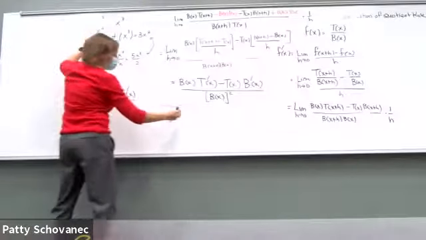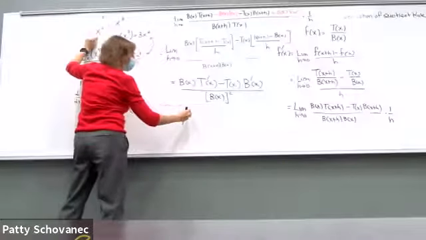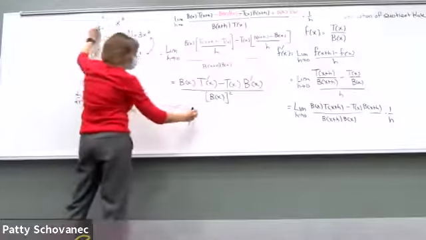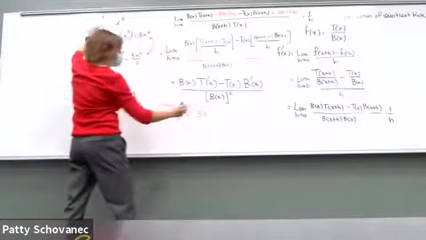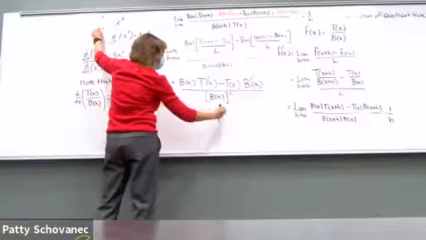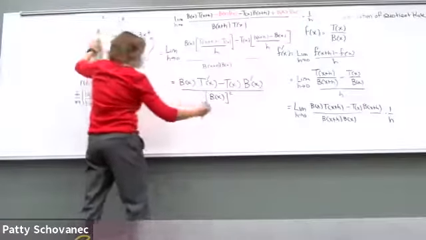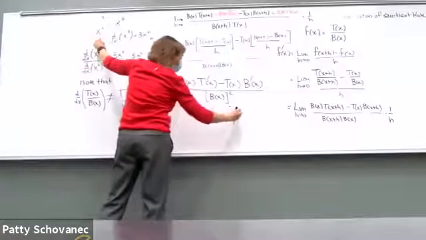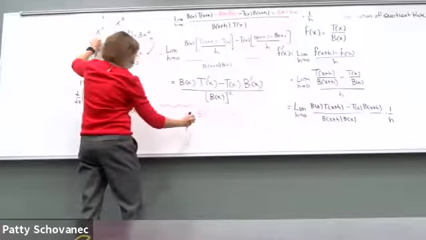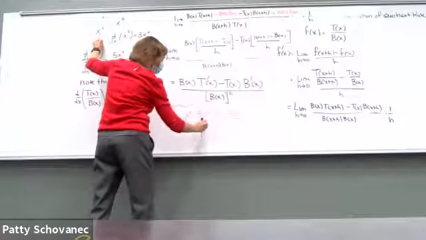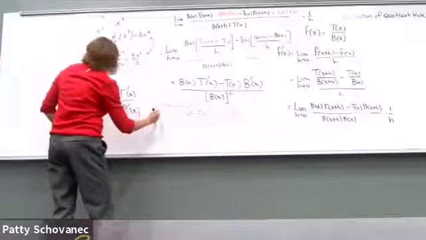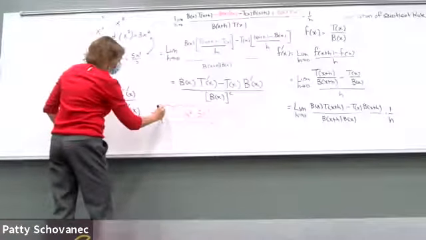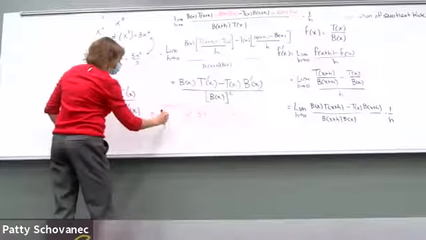So it says copy down the bottom, take the derivative of the top, so that's a 5x to the 4th, minus the top times the derivative of the bottom, derivative of x squared is 2x, all over the bottom squared. And that should be the derivative with respect to x of x to the 5th over x squared.